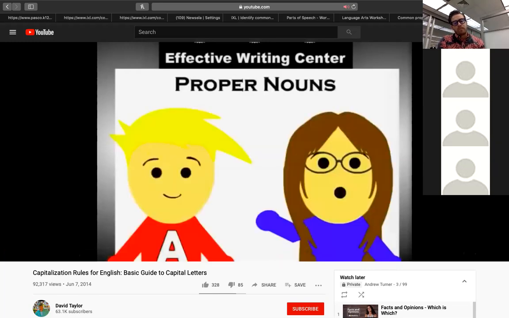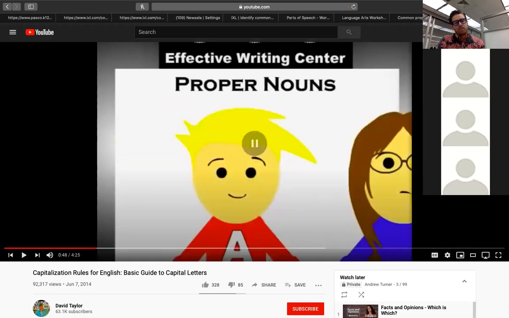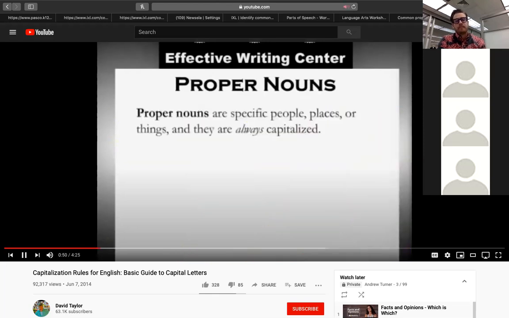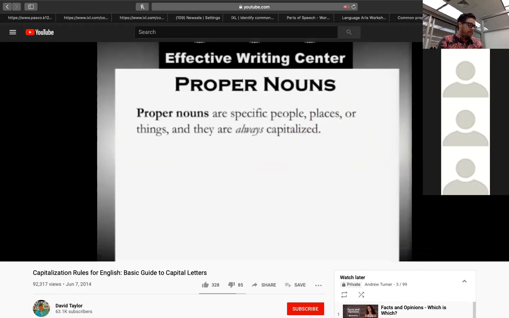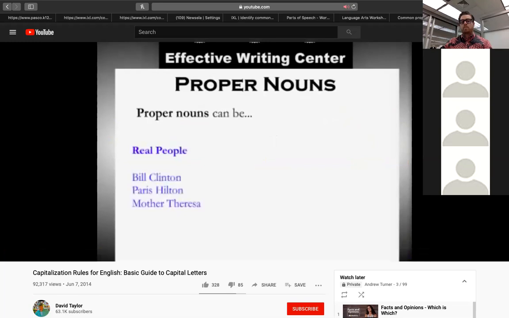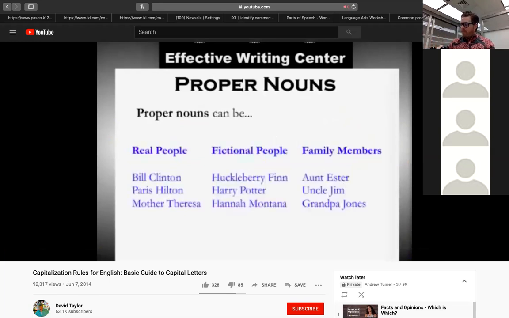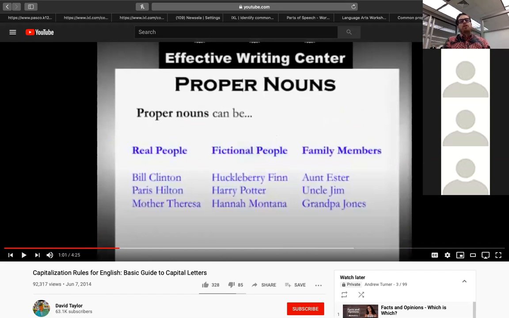What about proper nouns? Good point to bring up. Proper nouns are the names of specific people, places, or things, and they're always capitalized too. It doesn't matter if it's real people or fictional people. This is pretty funny. So you have your list of real people: Bill Clinton, Paris Hilton, and then Mother Teresa.